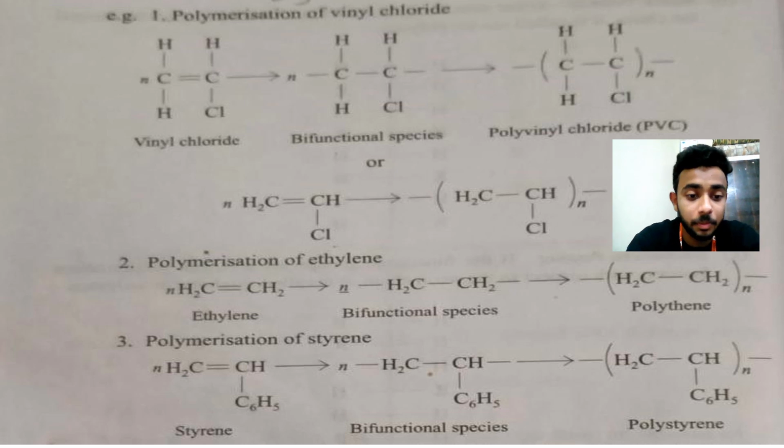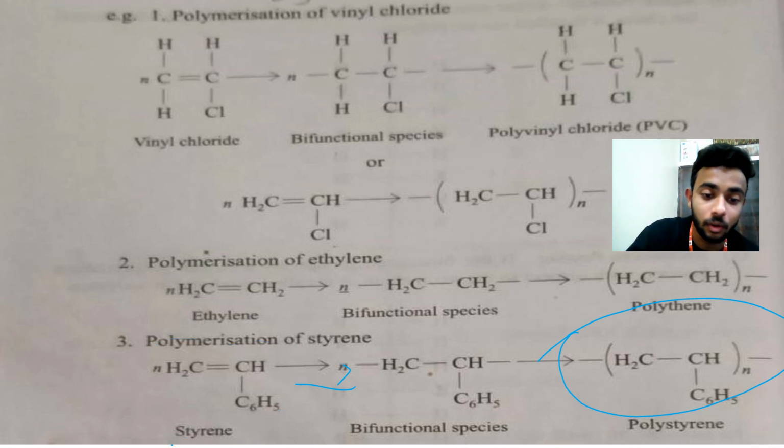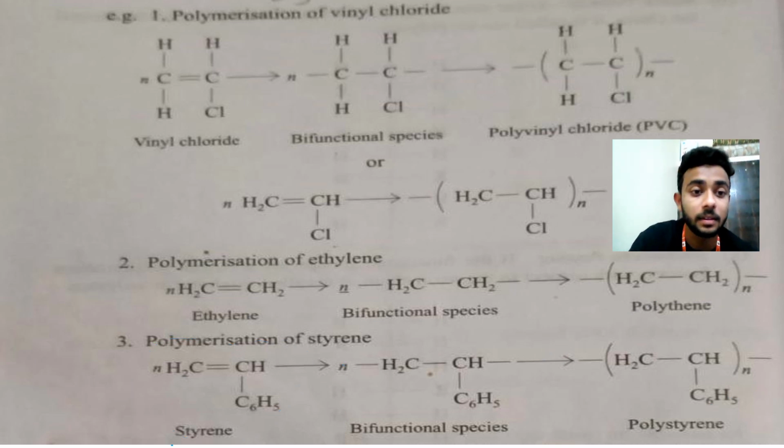And the third example is the polymerization of styrene. This is the structure of styrene, and it goes through chain growth polymerization and forms polystyrene. These are some examples of chain growth polymerization.